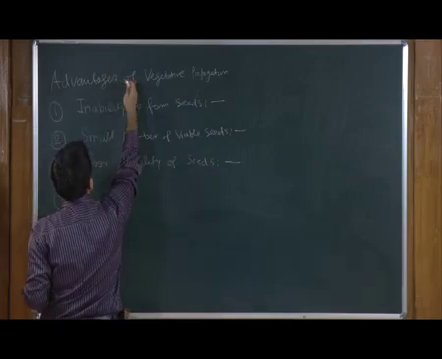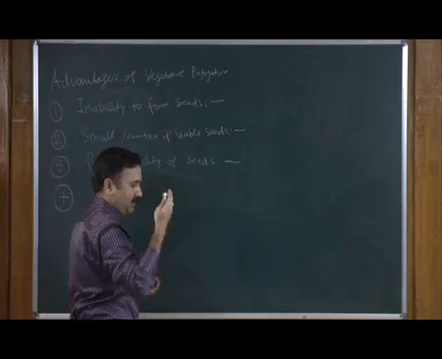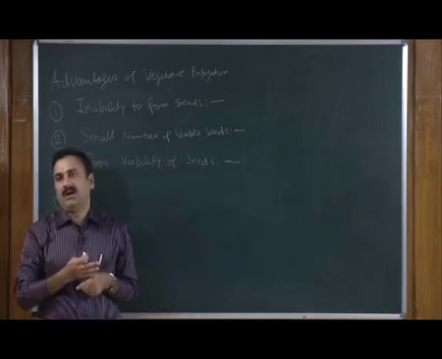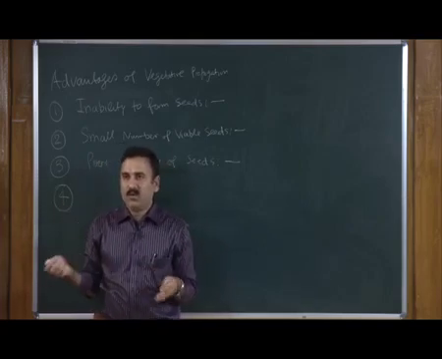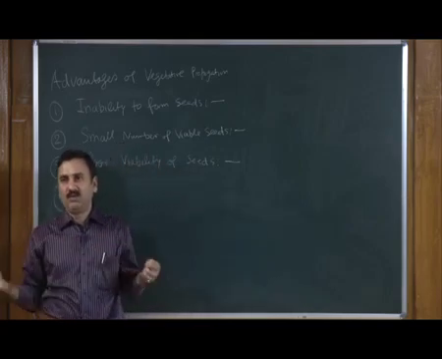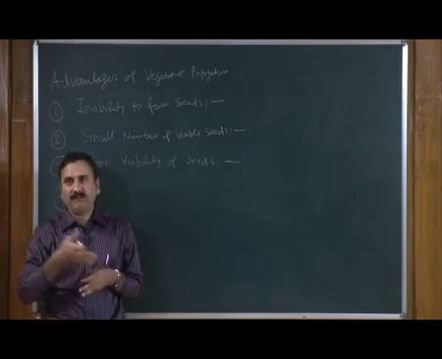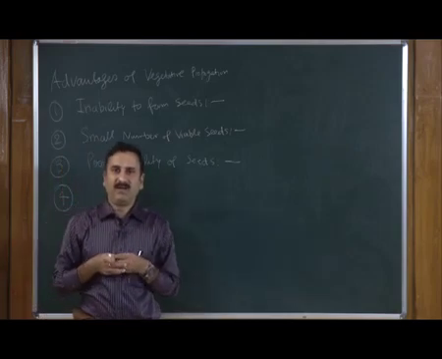Number 4, as we discussed previously, vegetative propagation is like making replicative copies of the same plant. So there is no mixing of traits at the genetic level, and because of that it keeps the purity of a plant species.